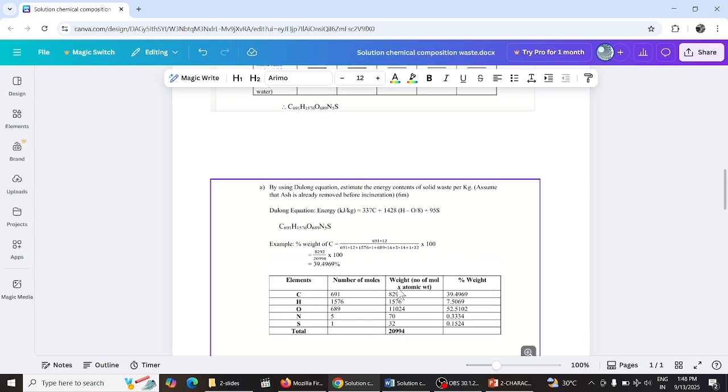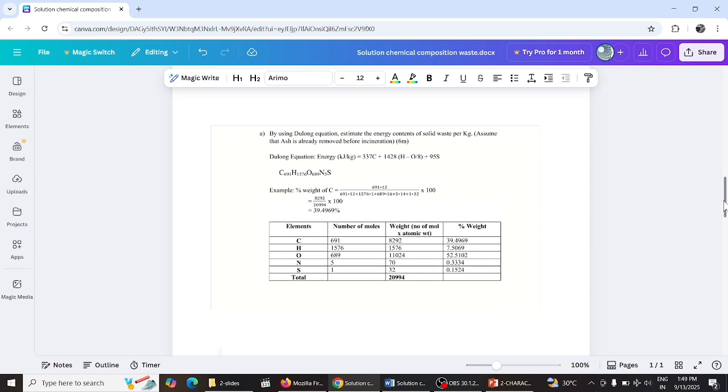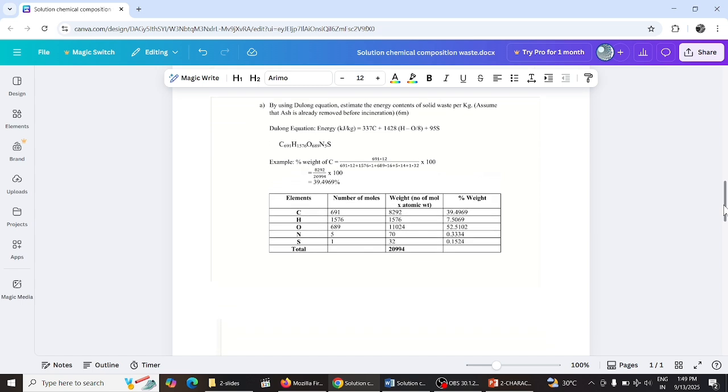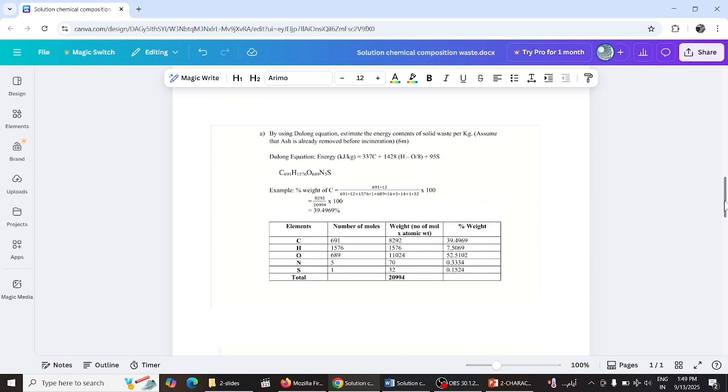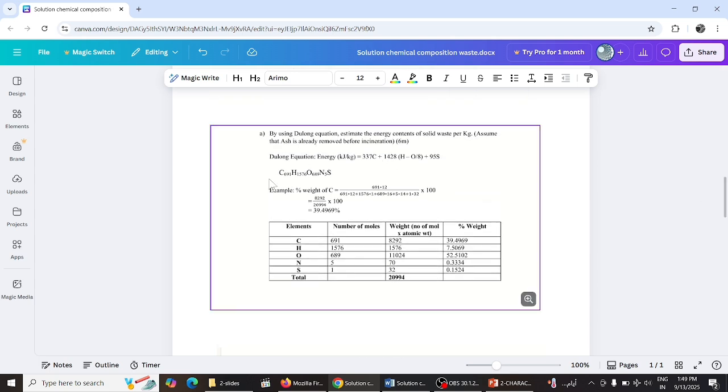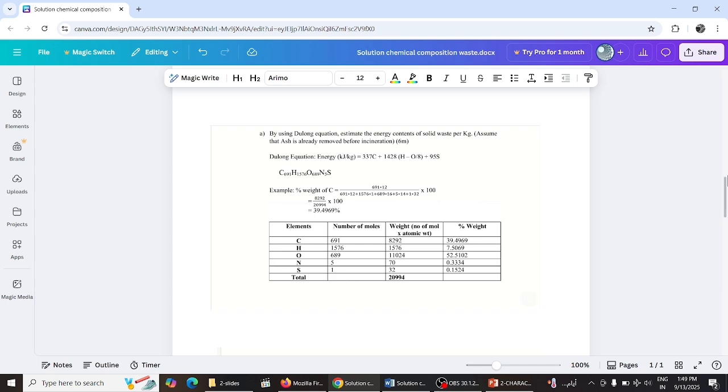Okay, so here you can see there is a difference in terms of hydrogen and oxygen. Okay, so this was all about finding the chemical equation using the ultimate analysis table.